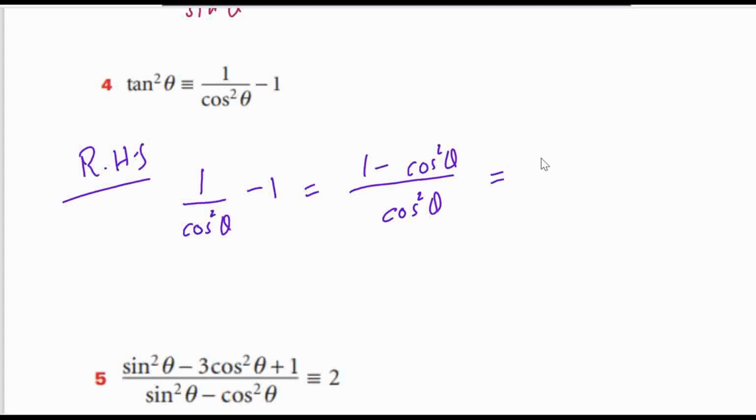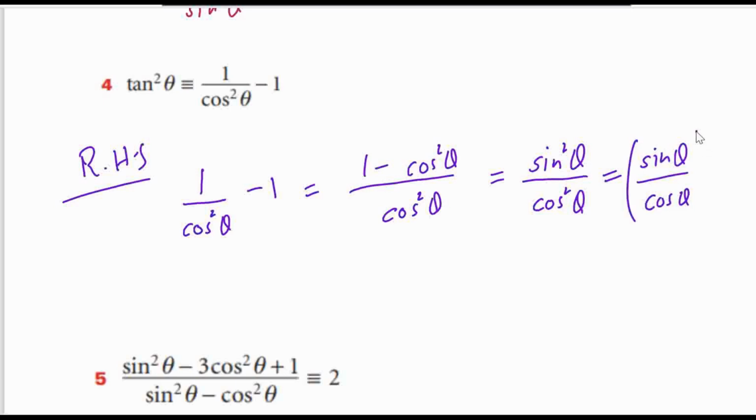This will be equals to sine square theta divided by cos square theta, and we know that we can write this thing as sine theta by cos theta whole square, and finally we can replace the sine theta by cos theta with tan theta.